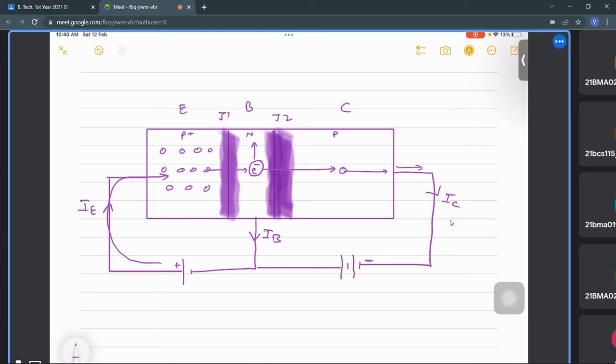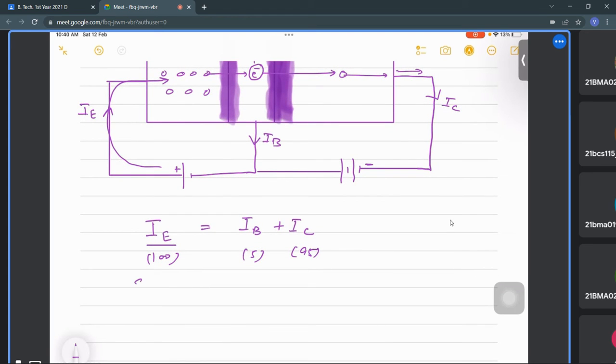So if you see, emitter current is nothing but it is IB plus IC. यही है ना? Because 100 यहाँ से चले, 5 यहाँ है, 95 यहाँ है, right? So emitter current is equal to base current plus collector current.